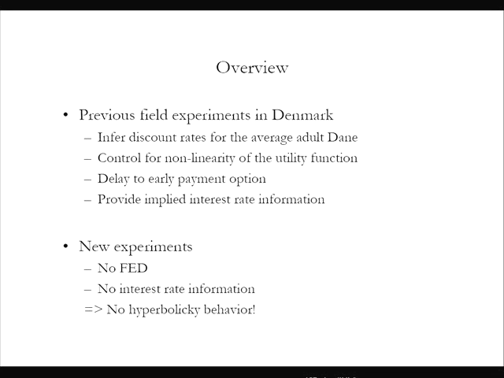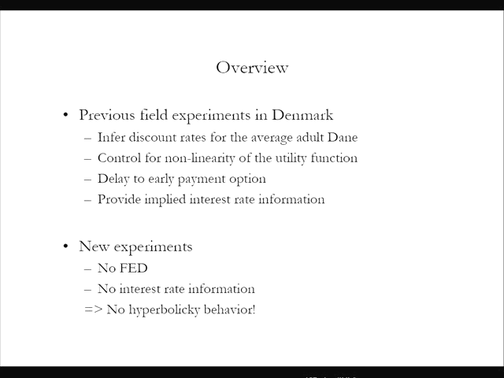And then you need to control for the curvature of these instantaneous utility functions. And that can have a dramatic impact on the estimation of the discount rates. So if these are concave, the distance between this amount and this amount will be smaller, and the implied discount rate here will fall in the estimation. And it's not just a trivial impact it has on the discount rate here. It's really a large one.